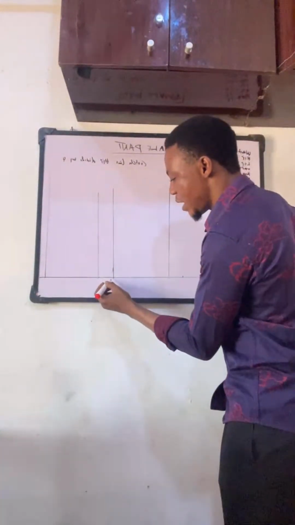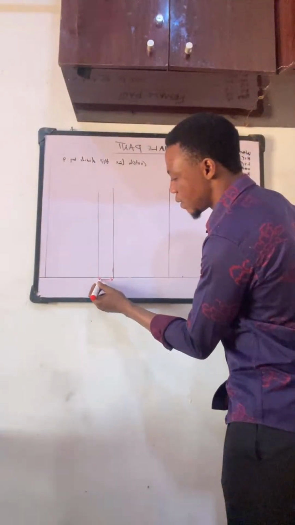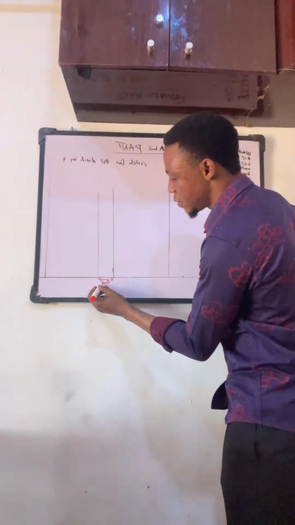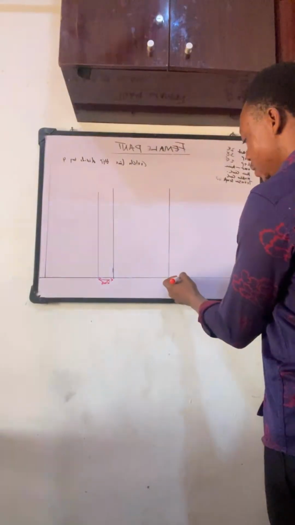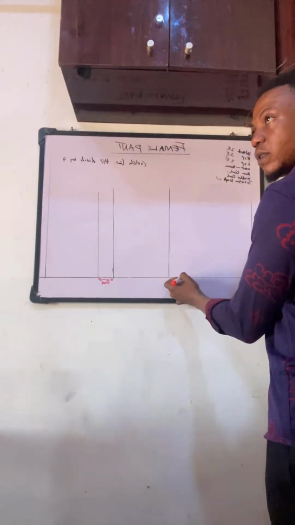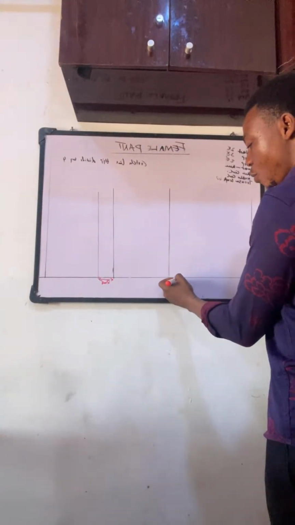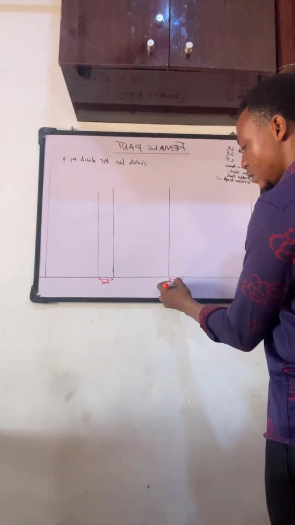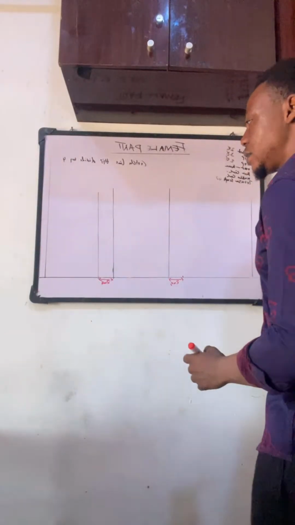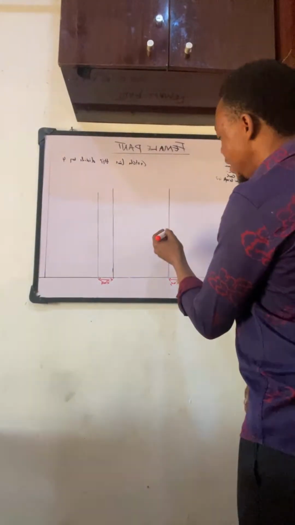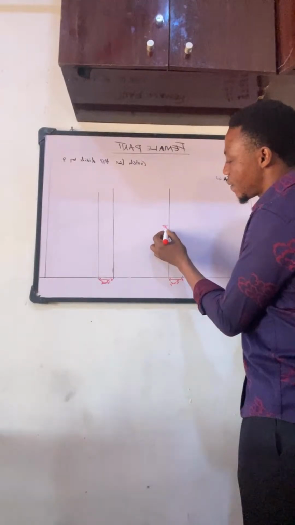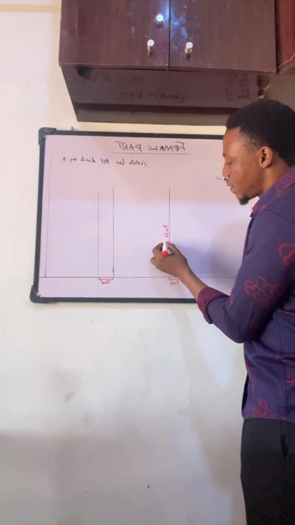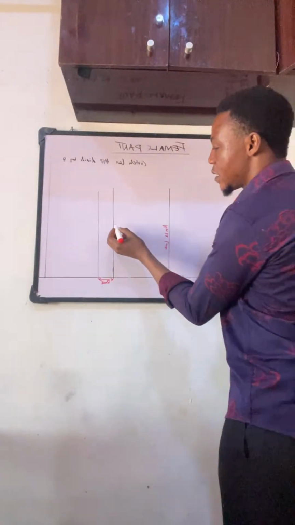Now from here to here is 2 inches, right? Then this is the main middle point. Then you go up by 2 inches, right? Then this is our knee line. This is a cross line.